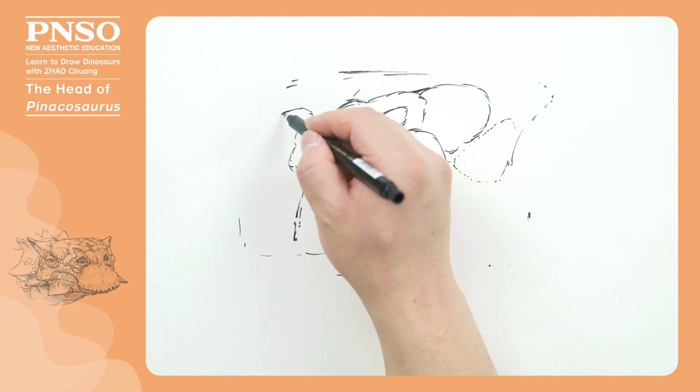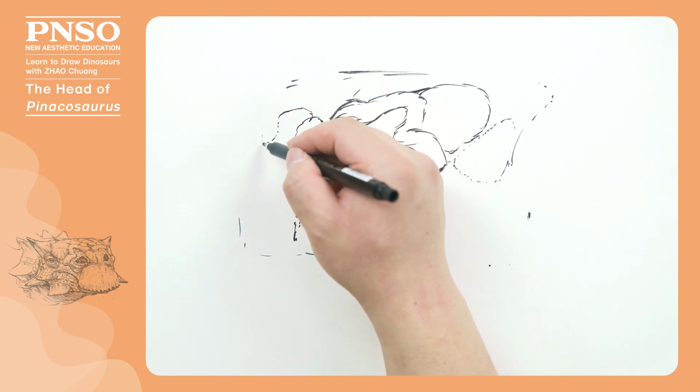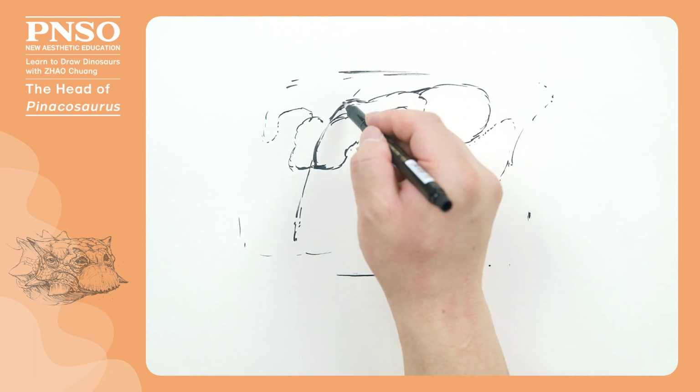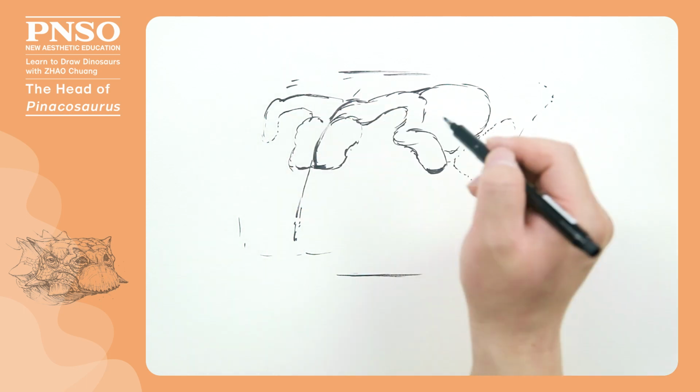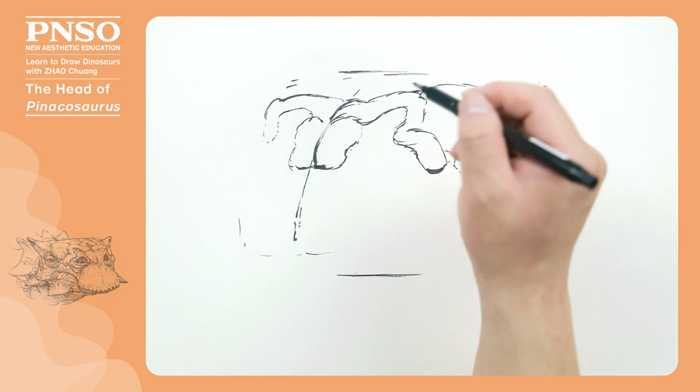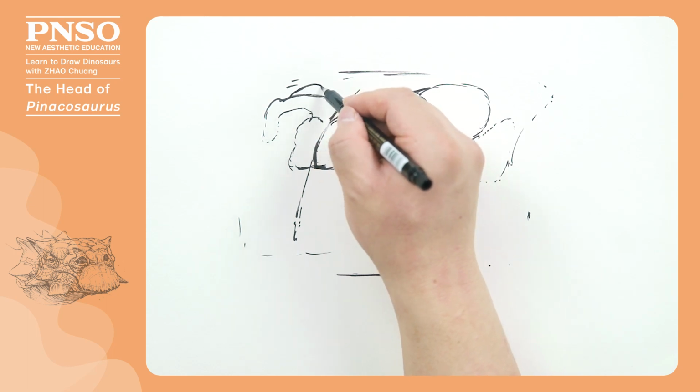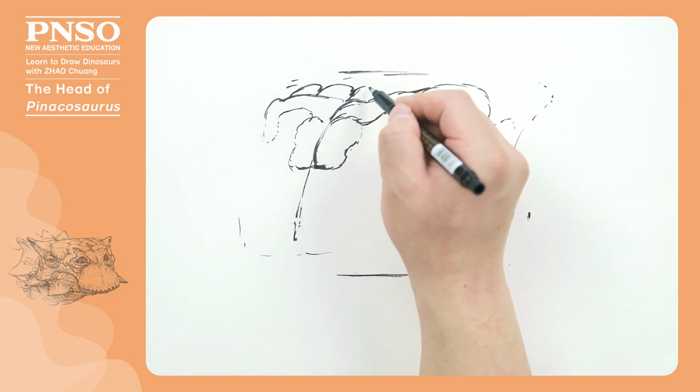Then, we can show the symmetrical part of the nose. And behind the nose, there are many pebble-like plates.